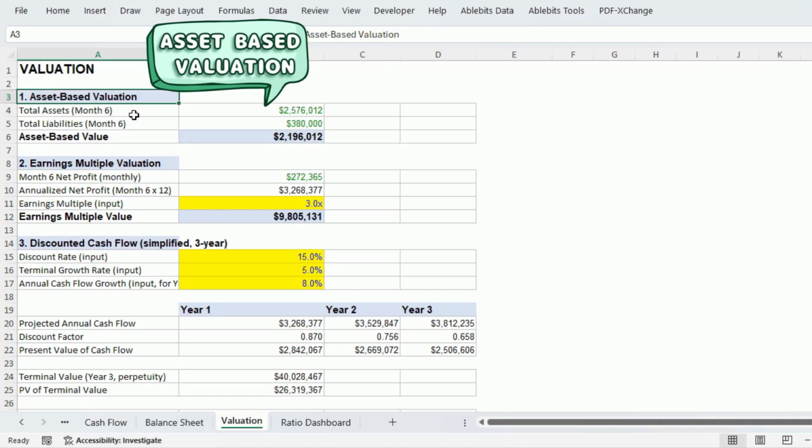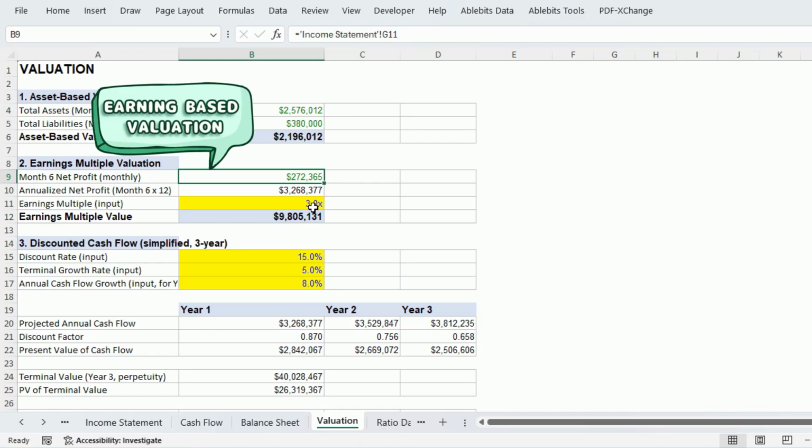There are 3 ways to value a business, and each one answers a different question. Number 1, asset-based valuation asks, if we sold everything and paid off all the debt, how much would be left? Number 2, earning-based valuation, or the multiples method, asks, how much does this business earn, and how many times that earning do similar businesses sell for?